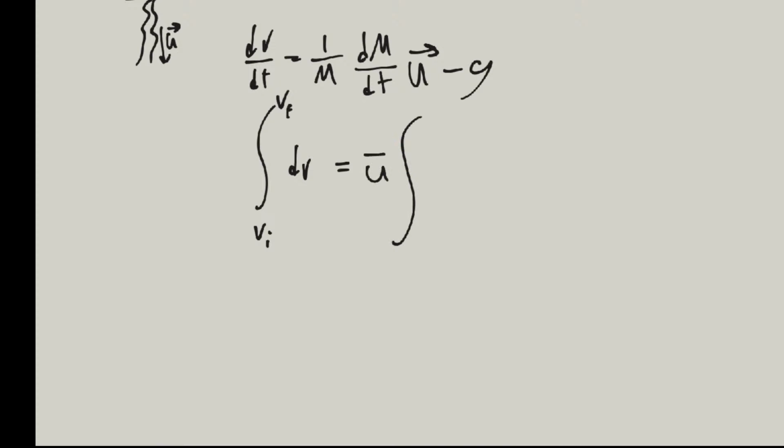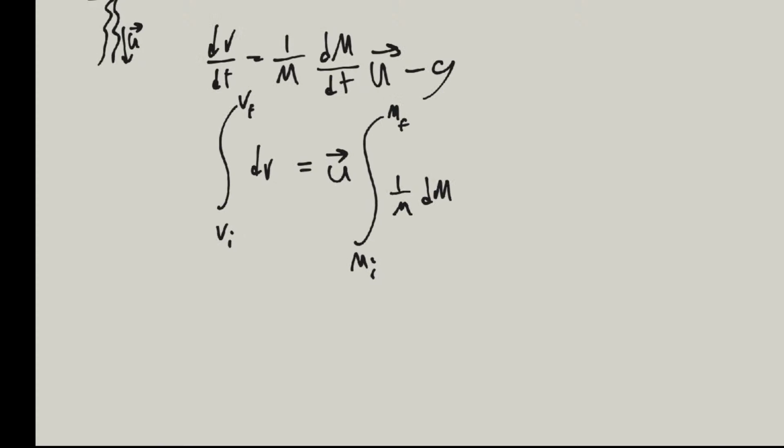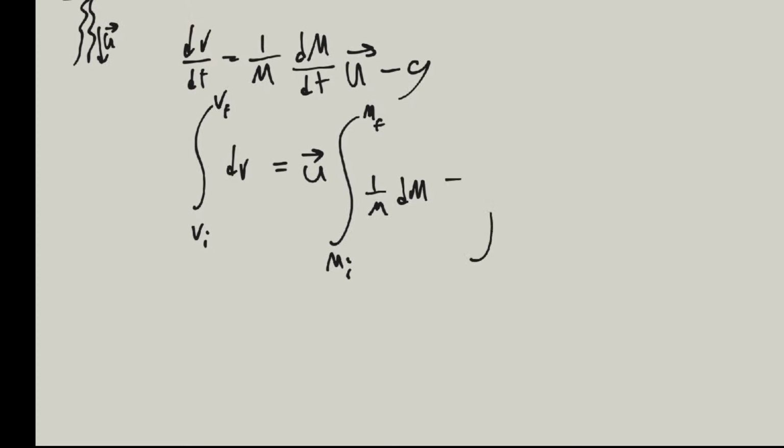U is a constant. The integral of u from mi to mf of 1 over m times dm, minus the integral of, actually g could go outside because g is a constant, g times the integral from ti to tf of dt.